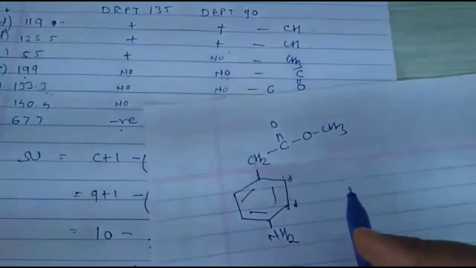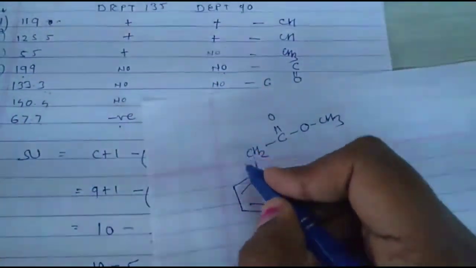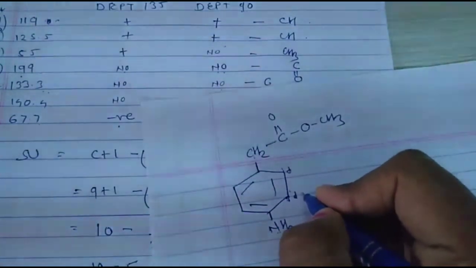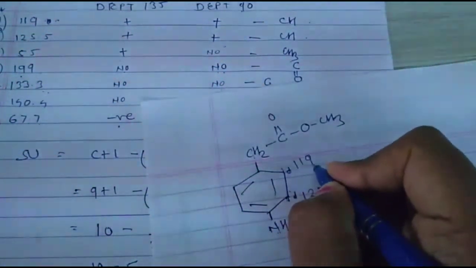Okay, that means these are the doublet of doublet. This is the CH2 attached here, and here there is an NH2. Nitrogen is more electronegative, that's why it has the maximum value, that is 125.5, and here there is a value of 119.